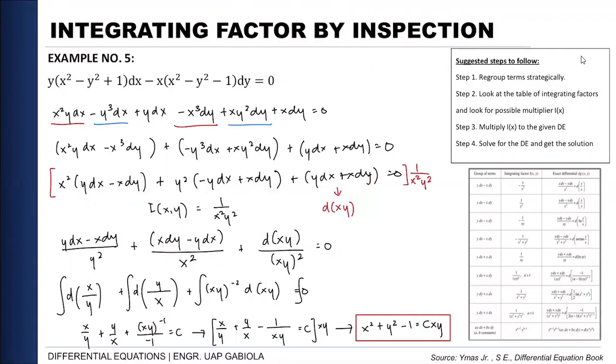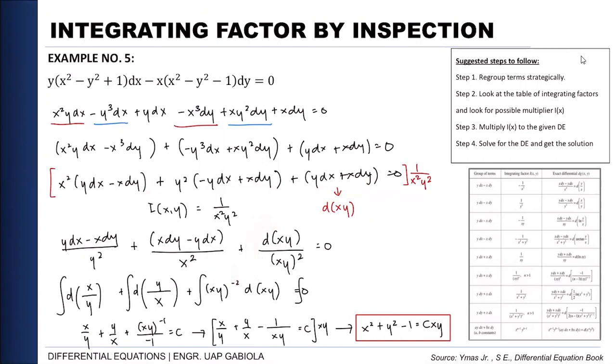So here, once we identified that this group is the exact differential of xy, we make sure that our integrating factor contains xy so that once you integrate it here, it can be integrated. Because you cannot introduce a variable once you have an integration sign already. Okay?